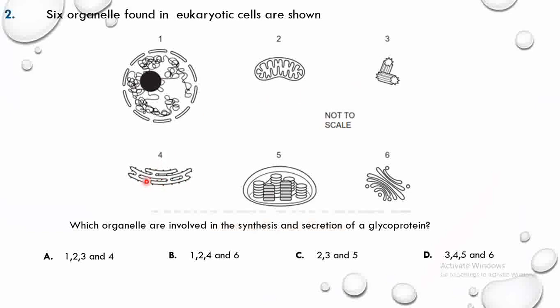That is the rough endoplasmic reticulum: interconnected, flattened membranous sacs that have ribosomes on the outer membrane at these dark spots. The enclosed inner cavity is called the cisterna.